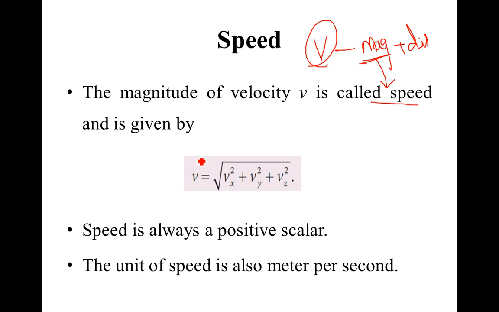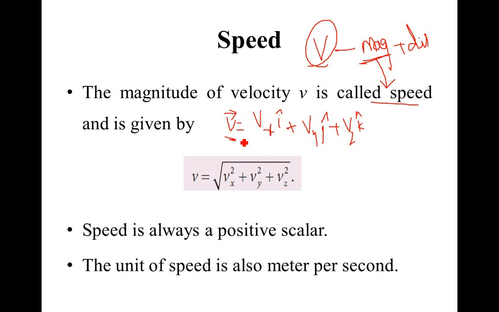Velocity vector V, in its component representation, is Vx i cap plus Vy j cap plus Vz k cap. This is the vector component notation for the velocity V. From this vector, you are going to take only the magnitude.